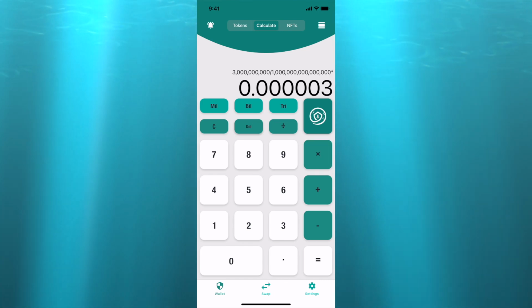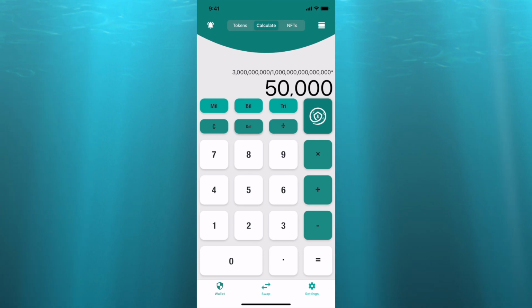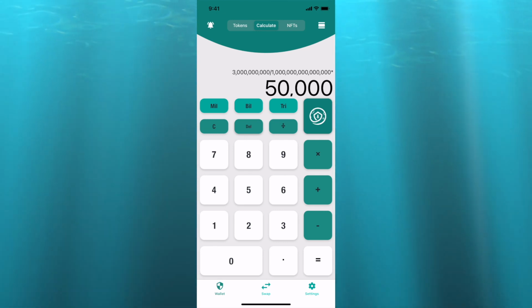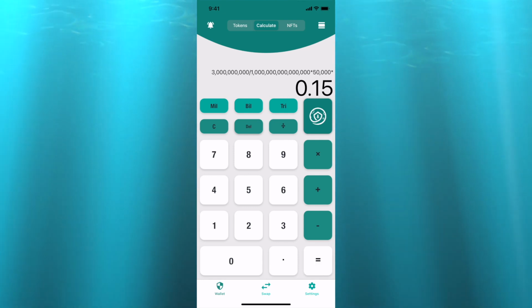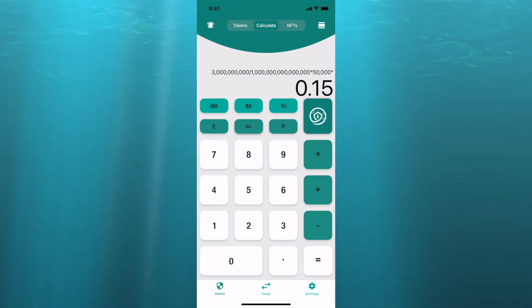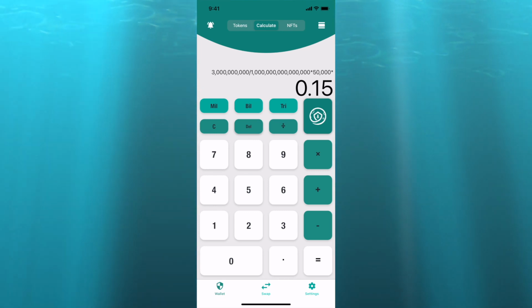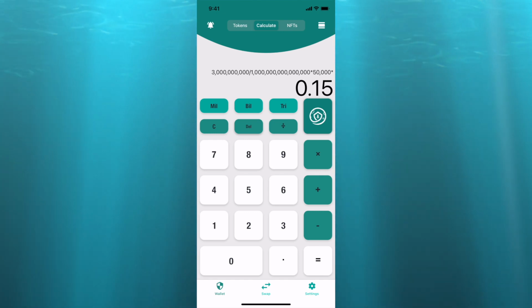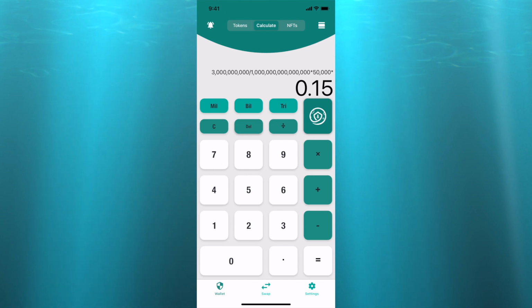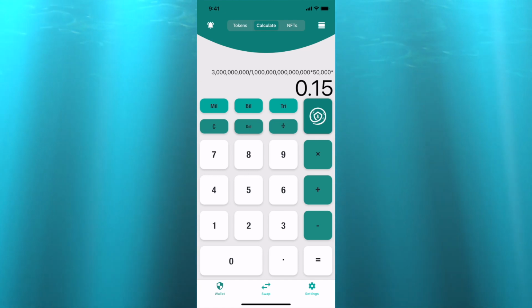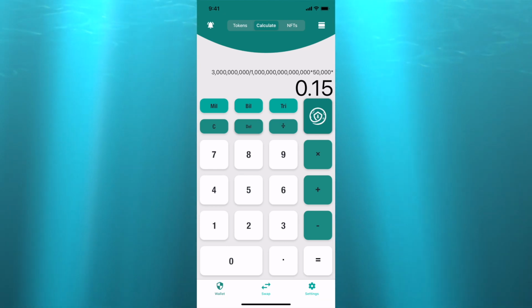Now 0.503 times 50 million is what our daily PDV would be if the daily volume was 1 billion, right? So you're looking at 15 cents per transaction. Is that right? That doesn't feel right. 3 billion tokens divided by 1 quadrillion times 50 million. It's 15 cents. That doesn't feel right.